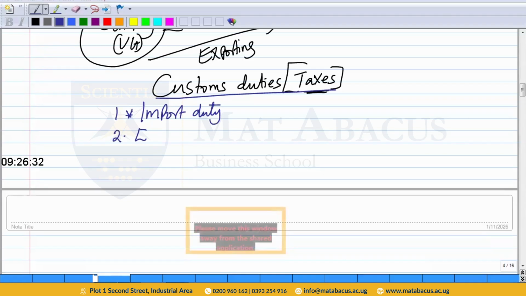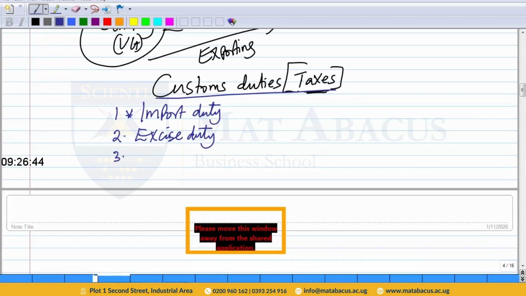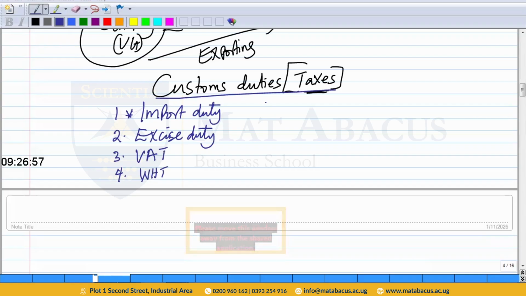Two, we shall look at excise duty. How do you compute the excise duty? Three, we shall look at VAT. How do you compute VAT on importation? And four, we shall look at withholding tax. How do you compute withholding tax on importation?